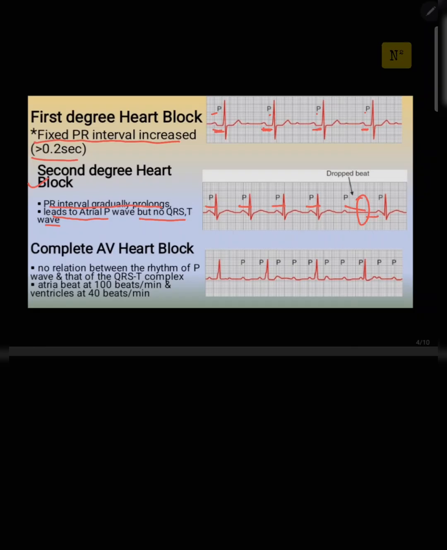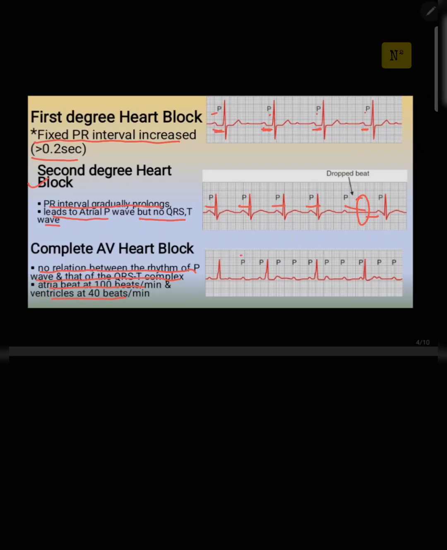Complete AV block. In complete AV block, there will be no relationship between the rhythm of the P wave and that of the QRST complex. Atria beat at 100 beats per minute, and ventricles beat at a lower rate, that is 40.